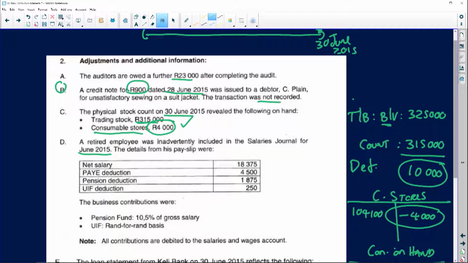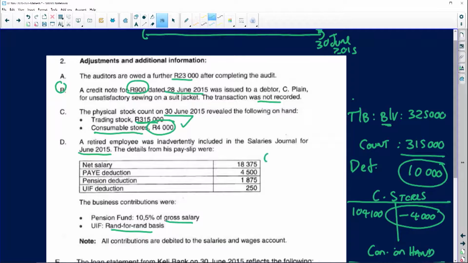Then we've got PAYE deduction, so his tax 4,500, pension deduction 1,875, UIF deduction 250, and then they tell you the business contributions were to the pension fund 10.5% of the gross salary, and UIF is a Rand for Rand basis.